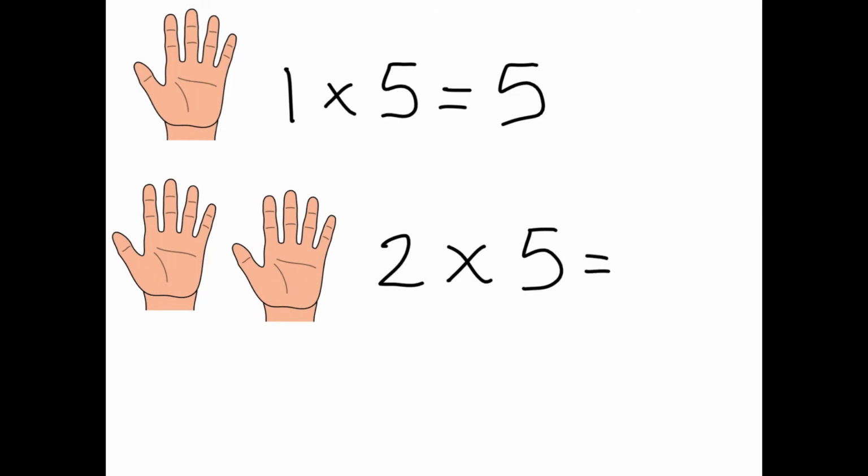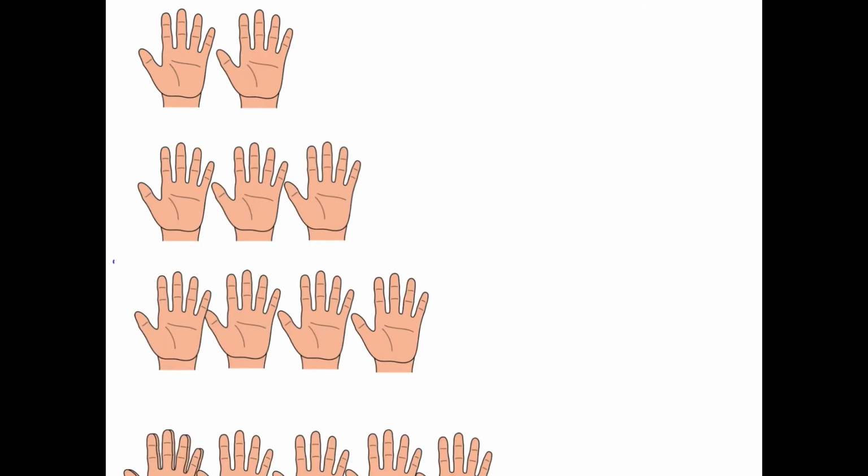So now we've got 2 hands, which would be 2 times 5, and hopefully you know this already, 5 and 5 makes 10. So what I want you to do in your maths book is copy the 5 times table, but carry it on. So we've already done that top 2 times 5. So this one, how many hands are there? There's 3 hands. So 3 hands with 5 fingers equals 15.